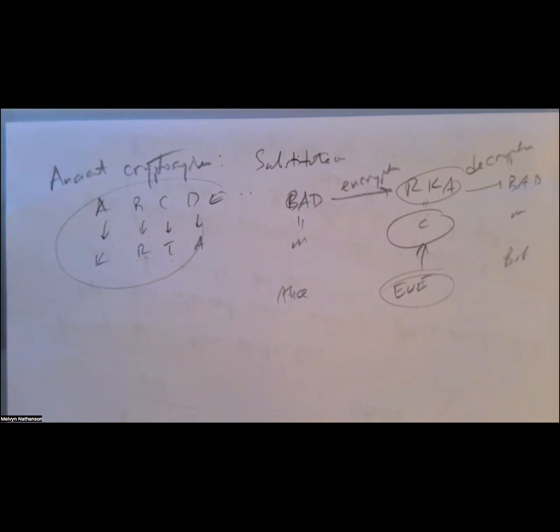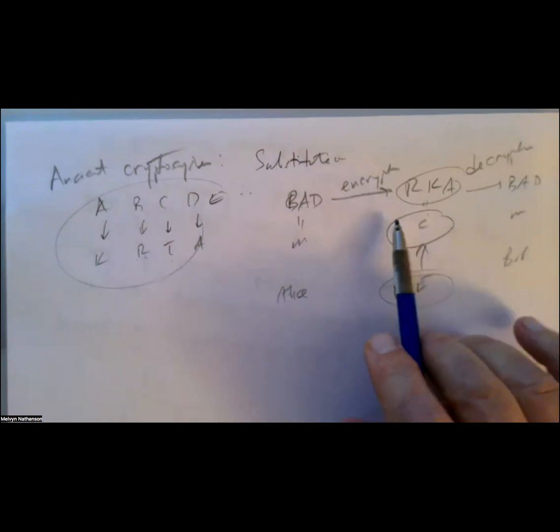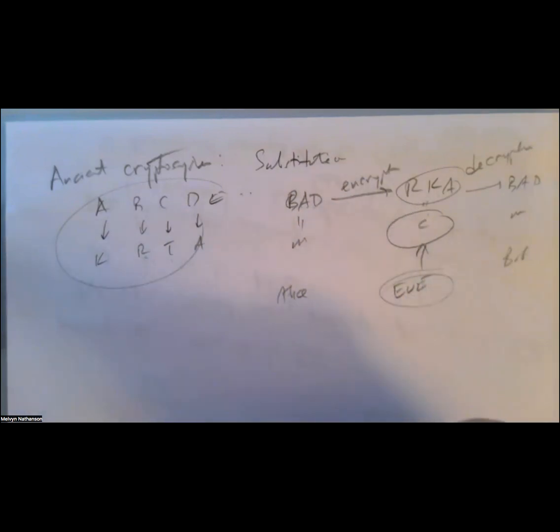So a fundamental problem in cryptography is how you develop a system of encryption, and how do you tell someone how to encrypt in a way that someone who intercepts your message won't know how to decrypt your system. Okay?